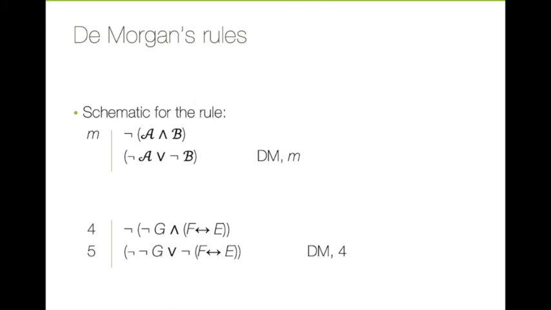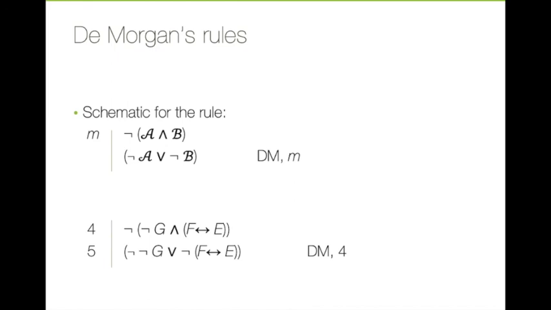And that's illustrated with these lines 4 and 5 of this hypothetical proof. So the first sentence is a negation of a conjunction with not G as one conjunct. So that takes the place of A in our schematic. And F if and only if E as the other conjunct, taking the place of B in the schematic.